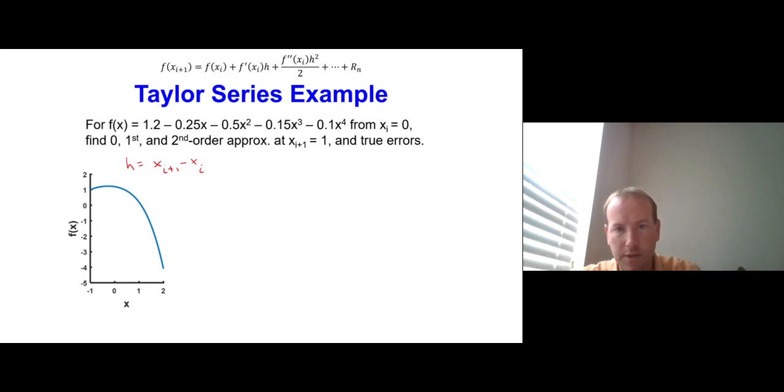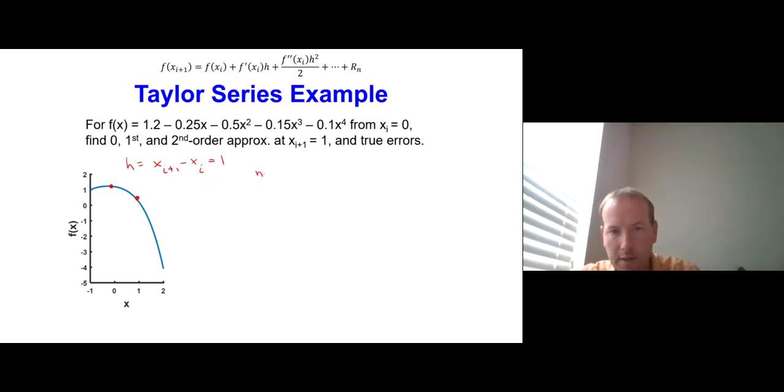We're starting at x equals 0, and we're trying to guess at where f will be at the next iteration. If we look at a difference of 1, that means our step size is going to be 1.